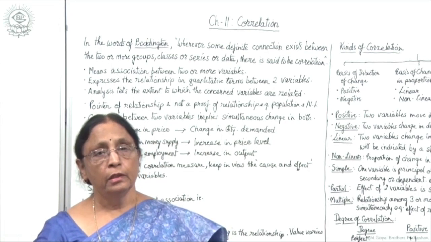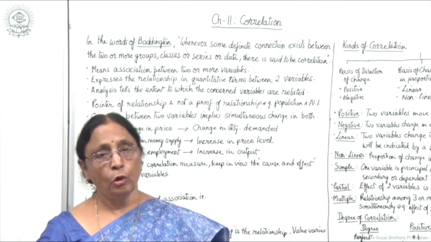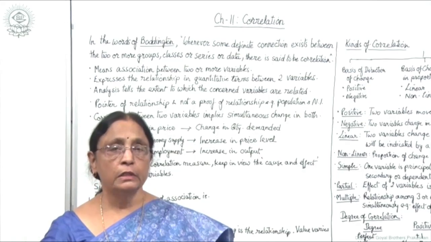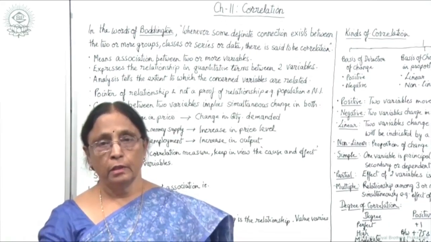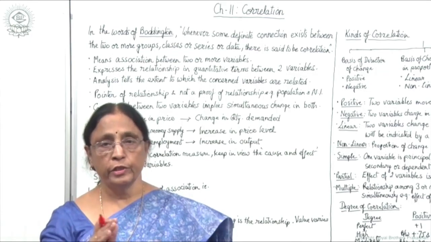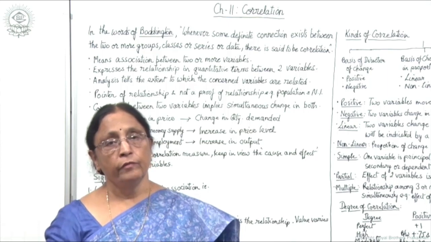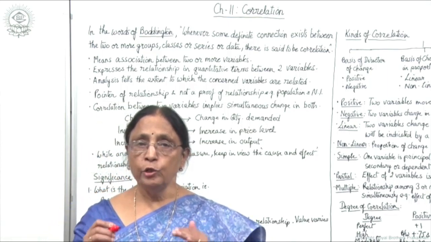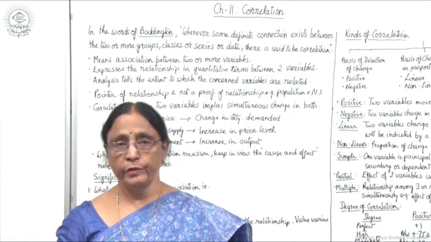Earlier, when you did the chapter on mean, median, mode, or you learnt about measures of dispersion, we were concerned only with one type of series. We were not showing any correlation between two series. But in this case, we will be learning about the relationship between any two variables or any two types of series.